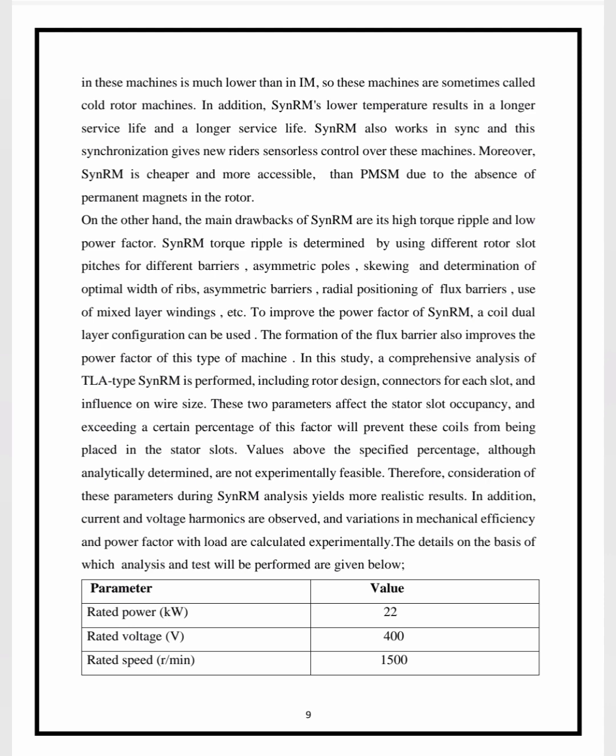In the study, a comprehensive analysis of TLA type SynRM is also performed. The TLA type was discovered, that is, the transversely laminated anisotropic SynRM. There was also the axially laminated anisotropic SynRM. But nowadays we are using TLA, meaning the transversely laminated anisotropic type SynRM, and we will study the parameters on which it is working.